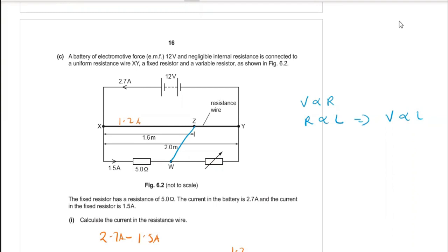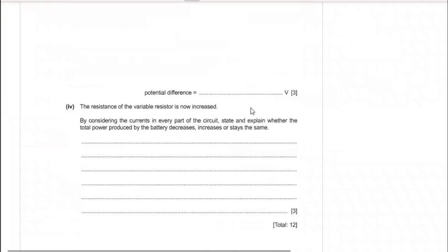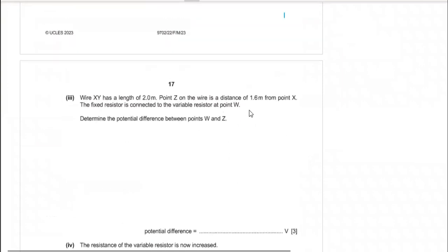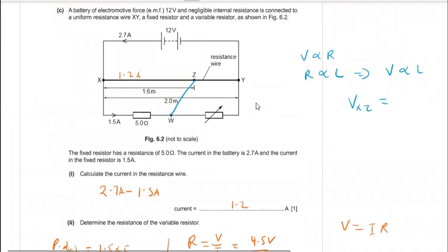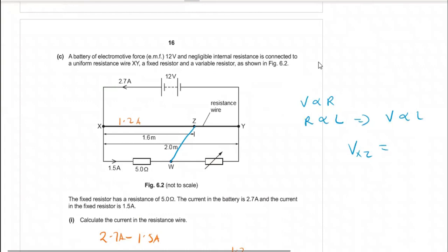Meaning, if I want to find the potential difference between XZ, it will be proportional to the length XZ, which is provided. Point Z is on the wire at a distance of 1.6. So that is 1.6 over the total length, which is 2, times the total voltage.